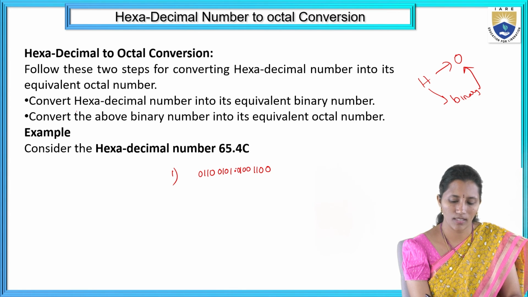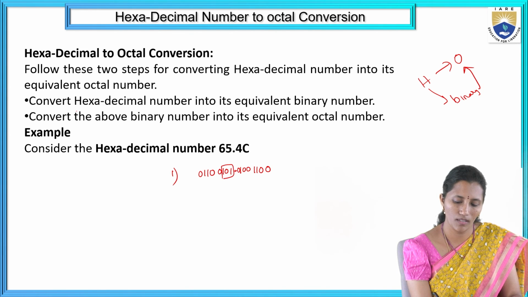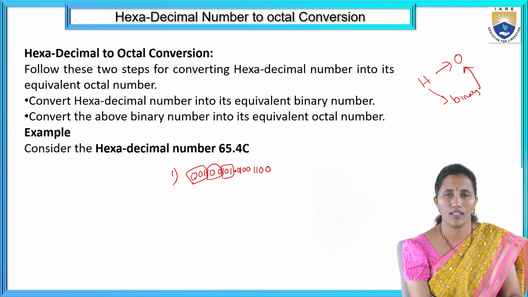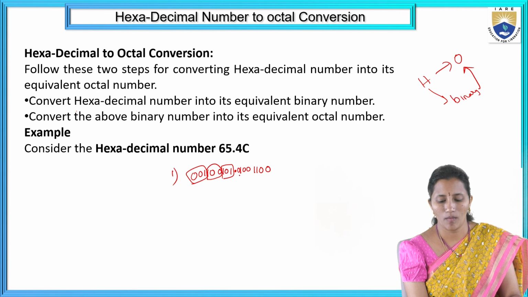Then group these numbers into groups of 3. So 101 after the binary point, 100, then 01, so you add 0 here at the extreme side. Make the fractional part also into groups of 3 and add 0 here.